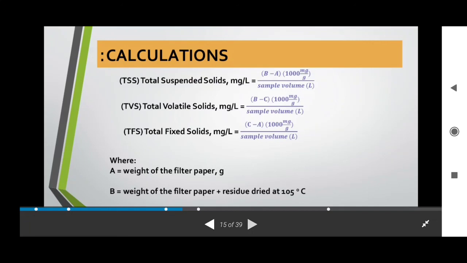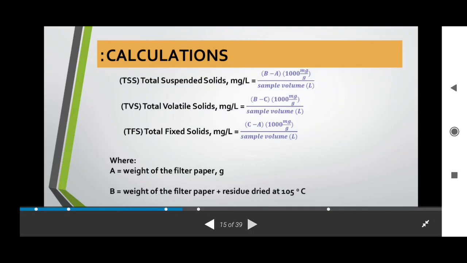The weight of filter paper plus the residue is termed B, and the weight of the filter paper only is A. To convert it into milligram per liter, we multiply by 1000: (B minus A) into 1000 divided by the sample volume which we initially started with is the total suspended solid.